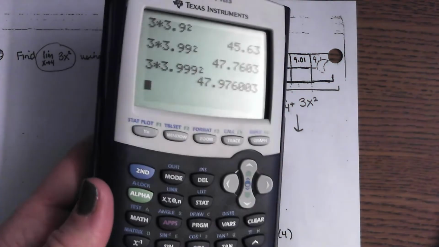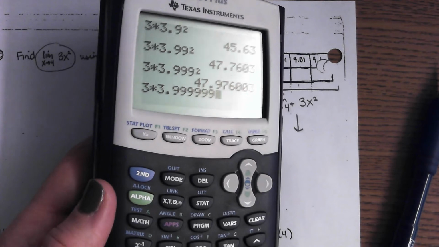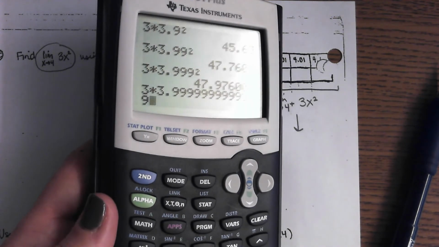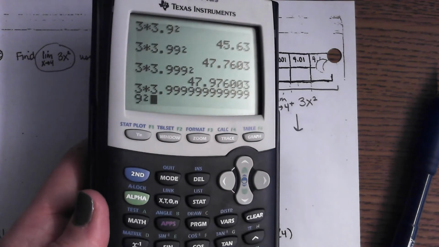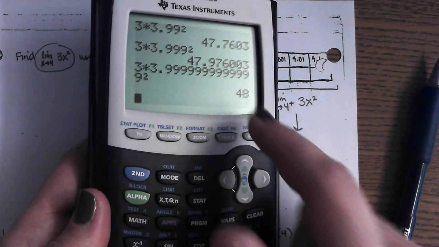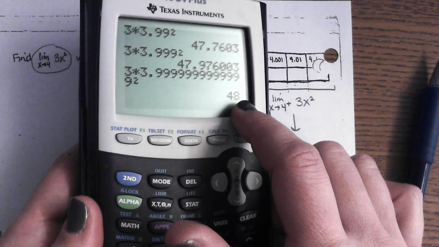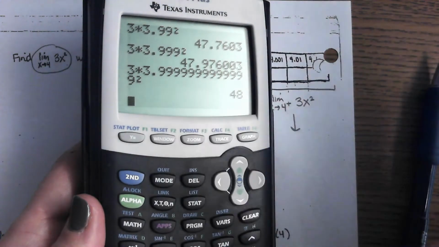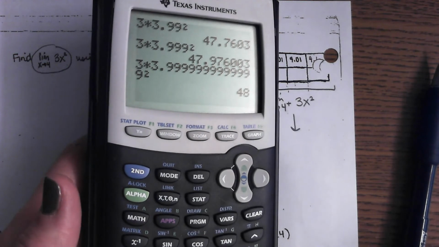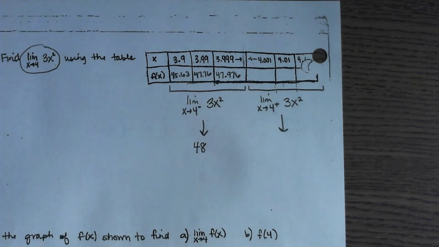And if you didn't know, even though the chart doesn't call for it, you could type in 3.99999999999. Isn't that getting infinitely close to 4 coming from the lesser side squared? Eventually your calculator gets sick of rounding, and you can kind of see that even though it doesn't actually equal 48, it probably equals 47.99999999999, and so on. The calculator just cuts that off and rounds it accordingly. So that is getting closer and closer to 48.